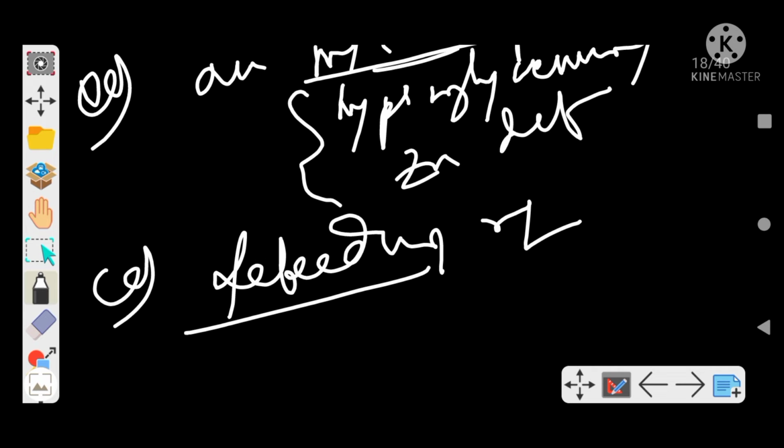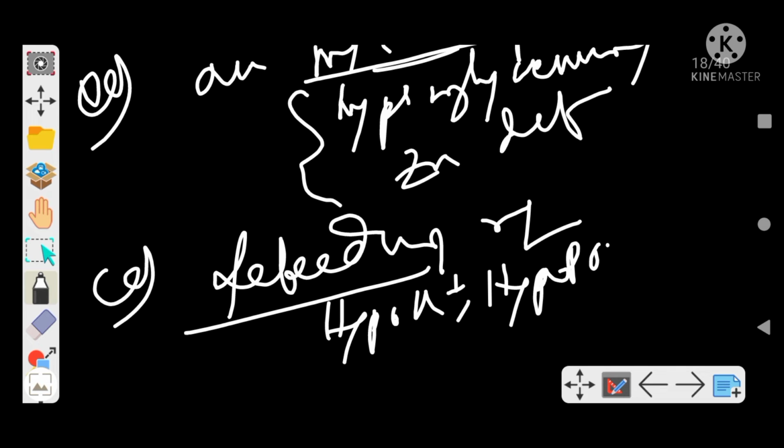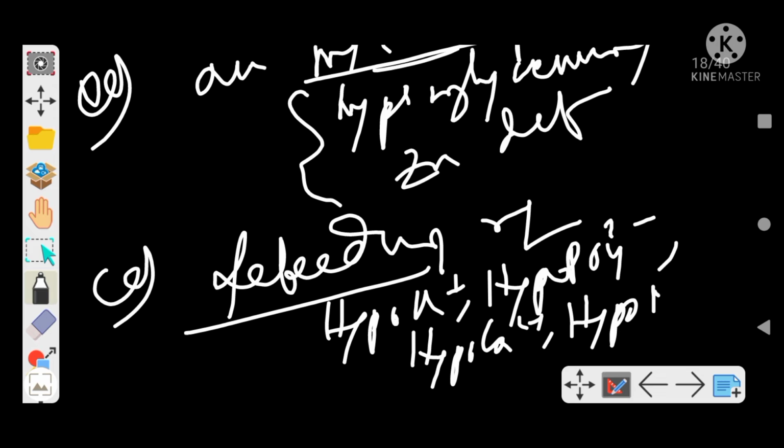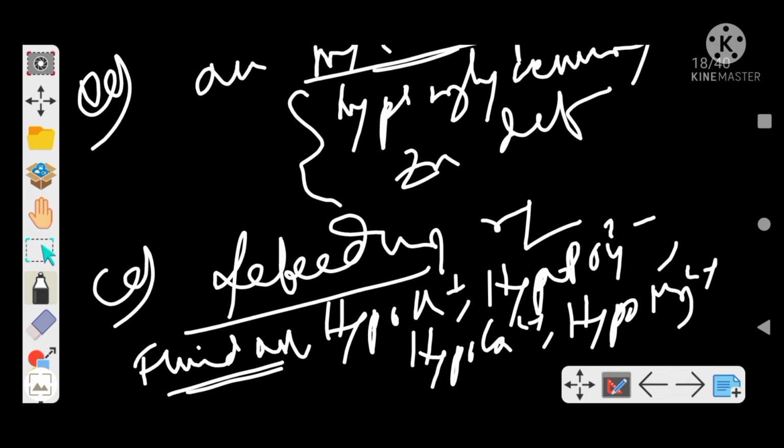Now in refeeding syndrome, there is hypokalemia, hypophosphatemia, everything is hypo, right? Hypocalcemia, hypomagnesemia, and sometimes fluid overload.